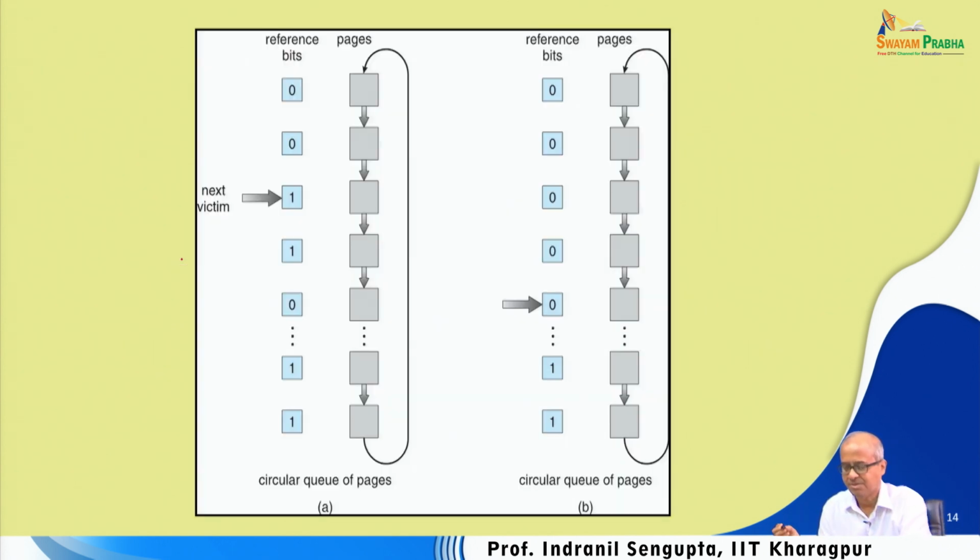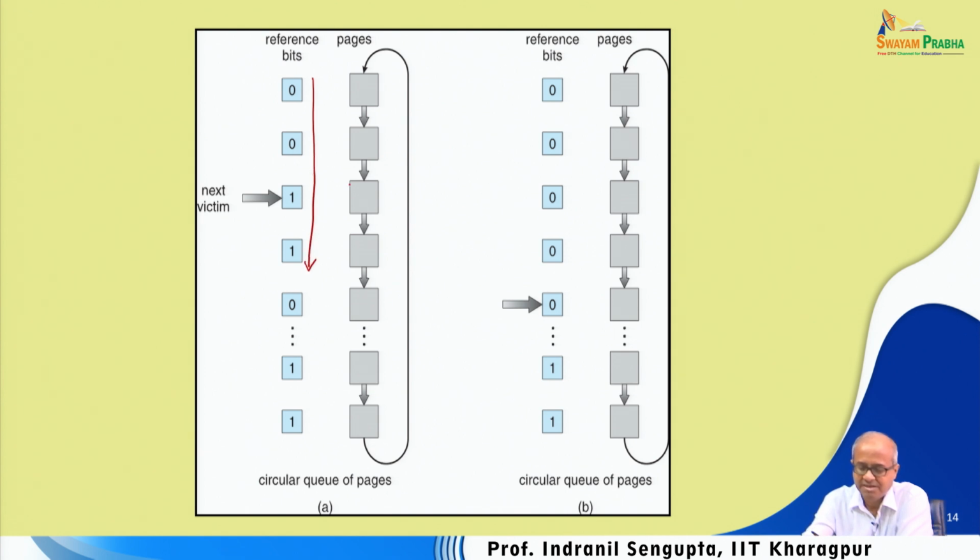A simple example I am showing here. Suppose these are some pages in memory and I am showing only the corresponding reference bits, and these arrows indicate the FIFO order, that is, which page came in first. At any given time we scan the reference bits from top to bottom.